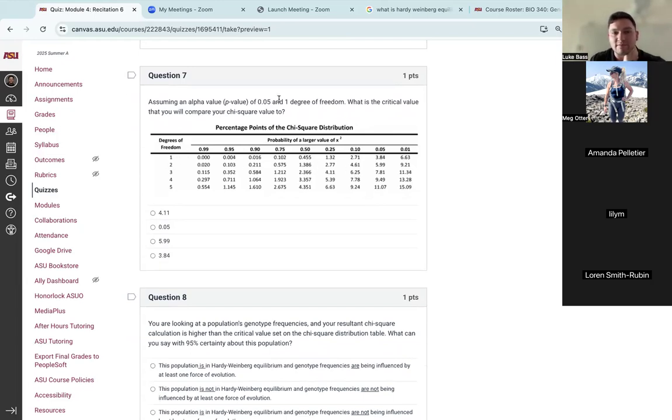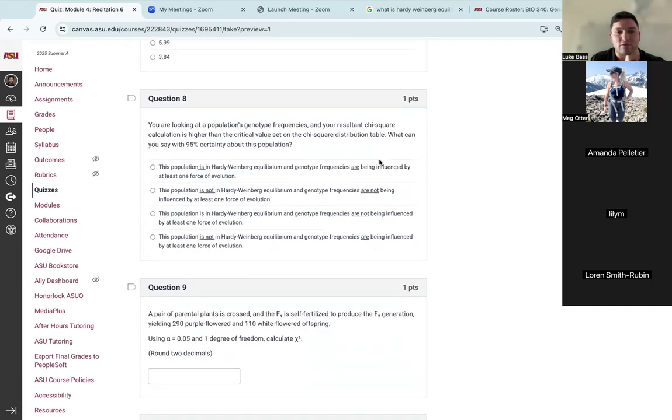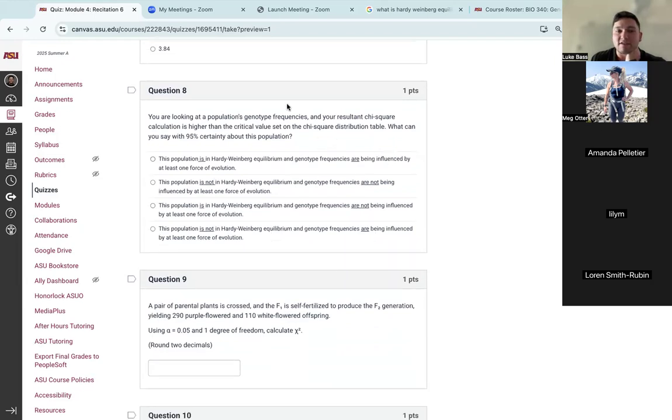So you're just going to locate 0.05 and 1. That one's pretty straightforward. And this is also just part of the chi-square calculations and how that relates to whether a population follows a Hardy-Weinberg distribution or not. Just putting it into words, I think that should also come from the PowerPoint.